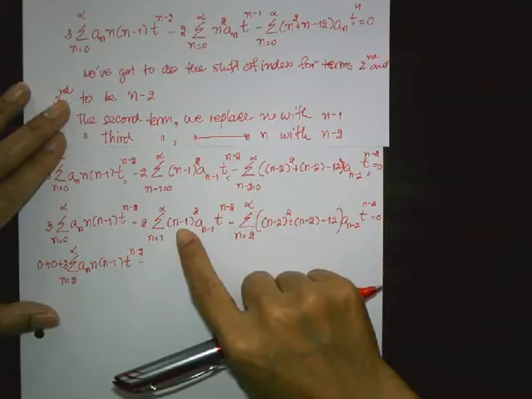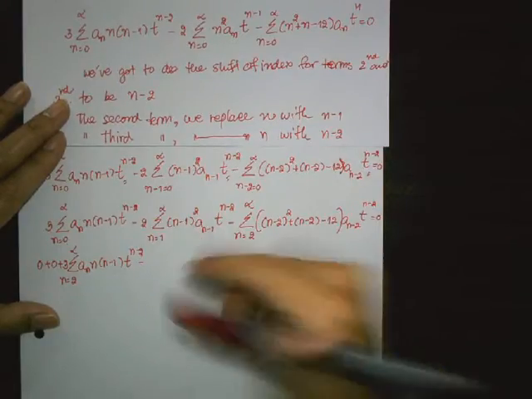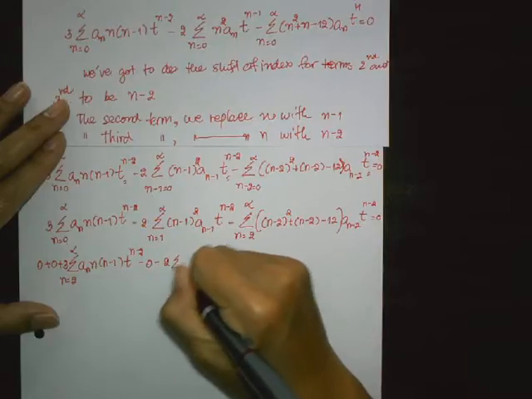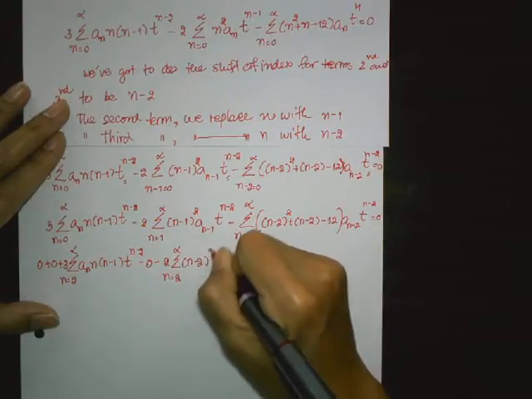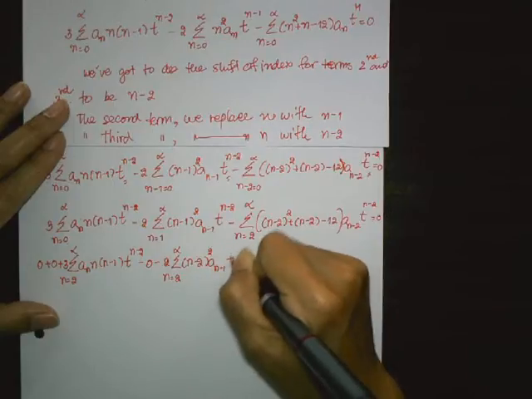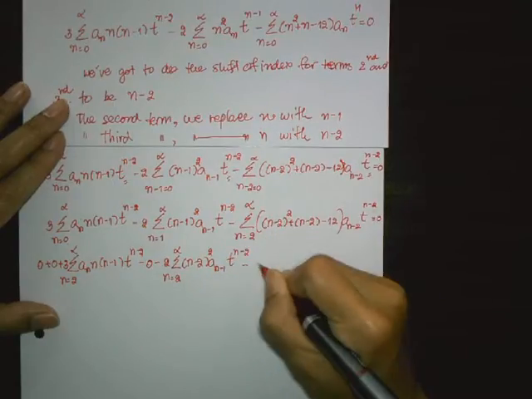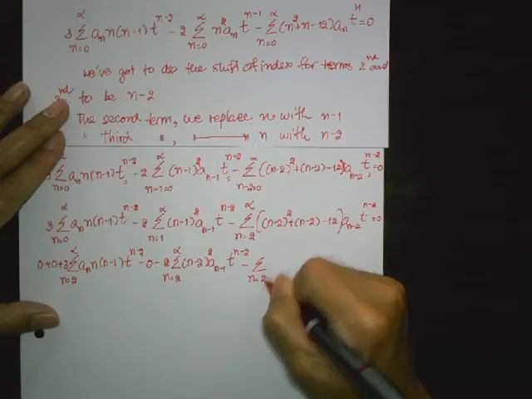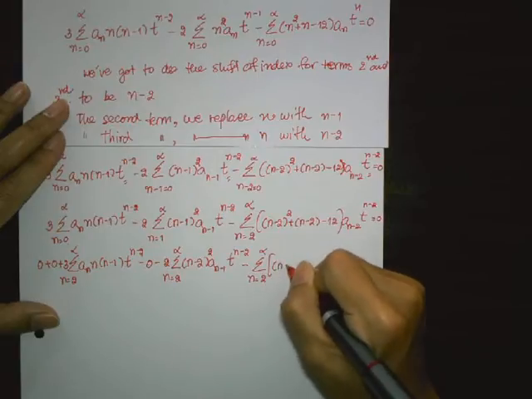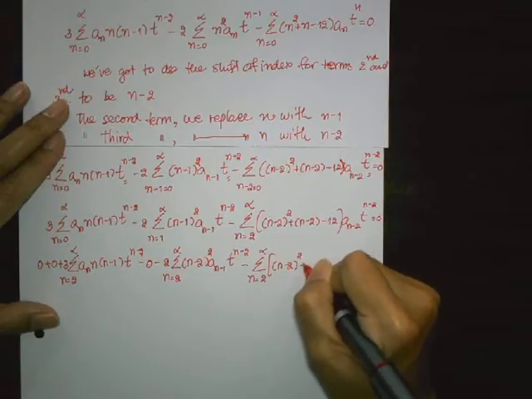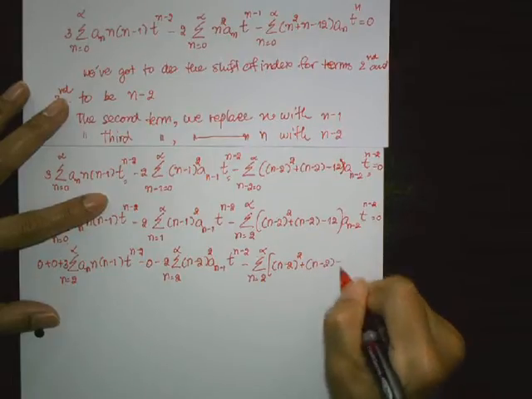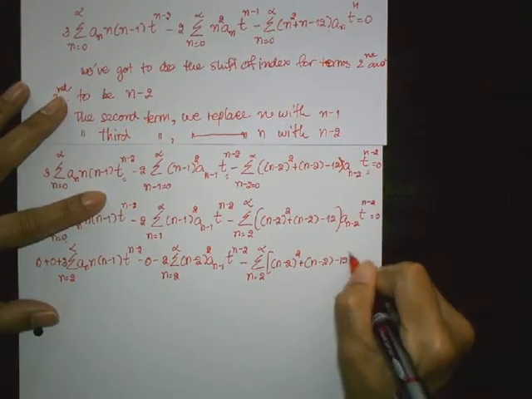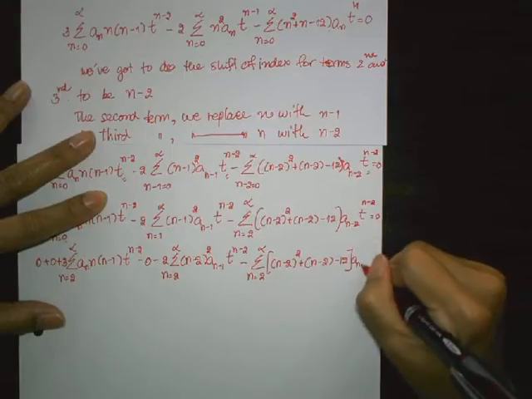For this one, plug n equal to 1 there, what would you get? 0 again. Doing that, we would get the whole term starting at the same point, n equal to 2 until infinity. So that means we are all set.